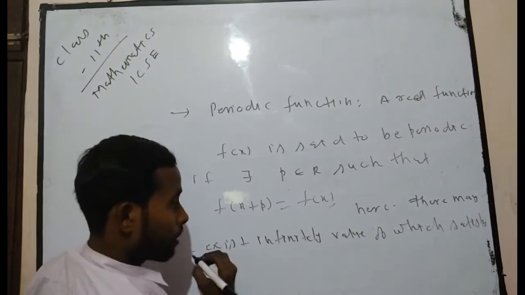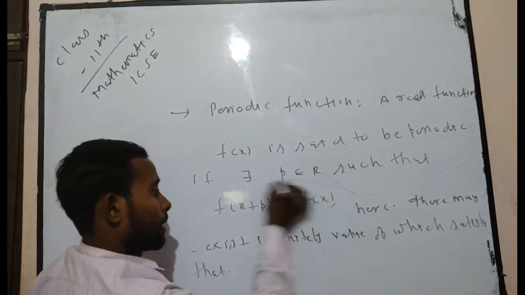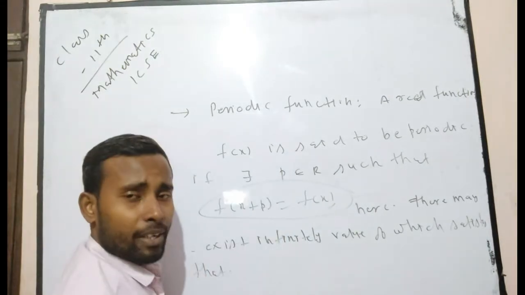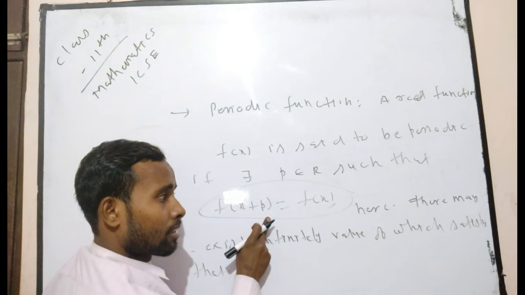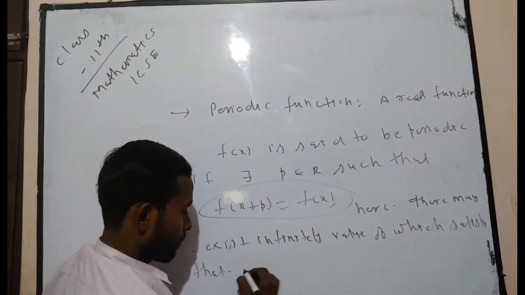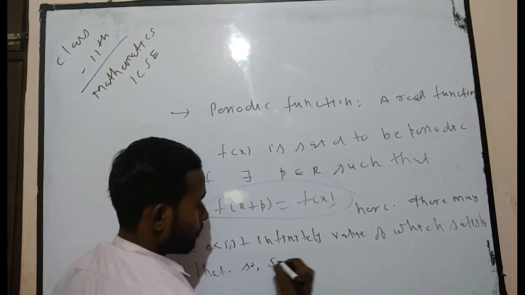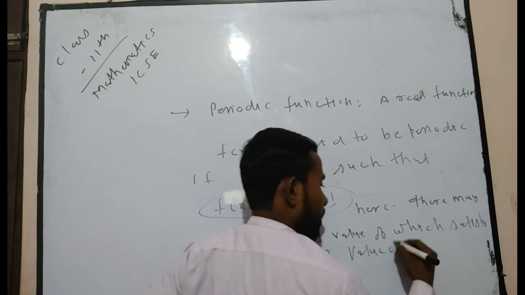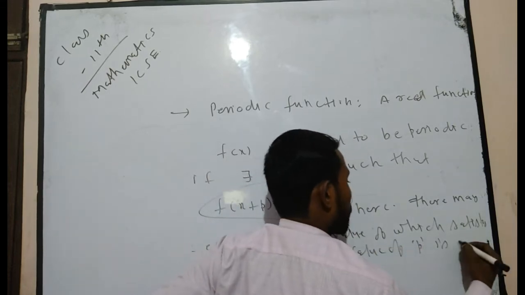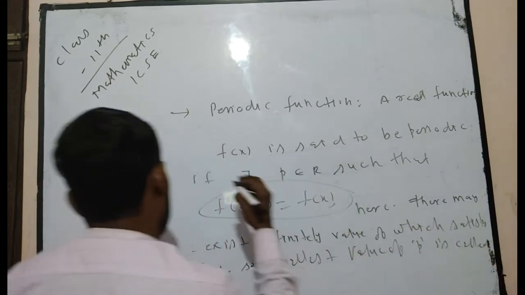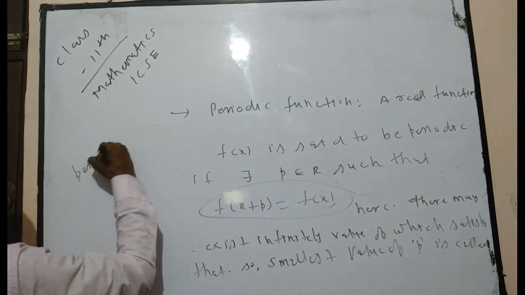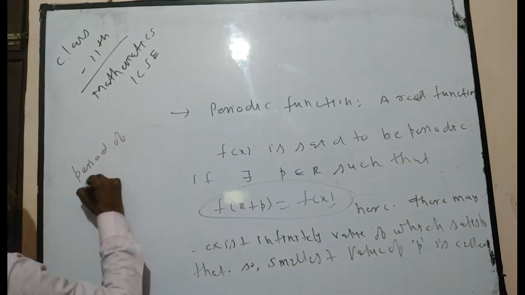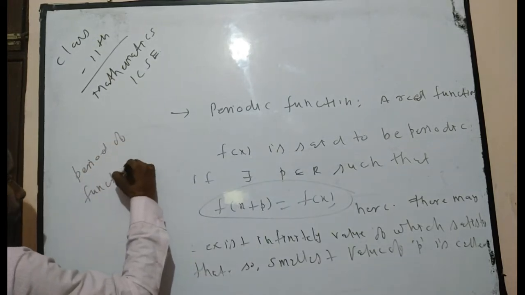That is, there exist many values of p which satisfy it. Now, the smallest value of p is called the period of this function.